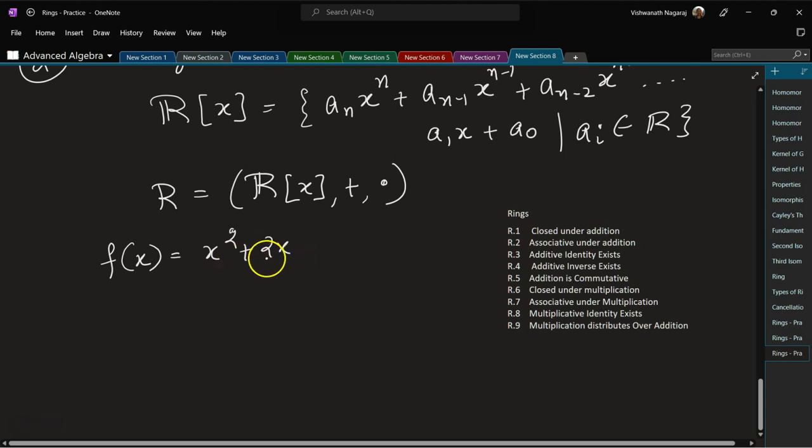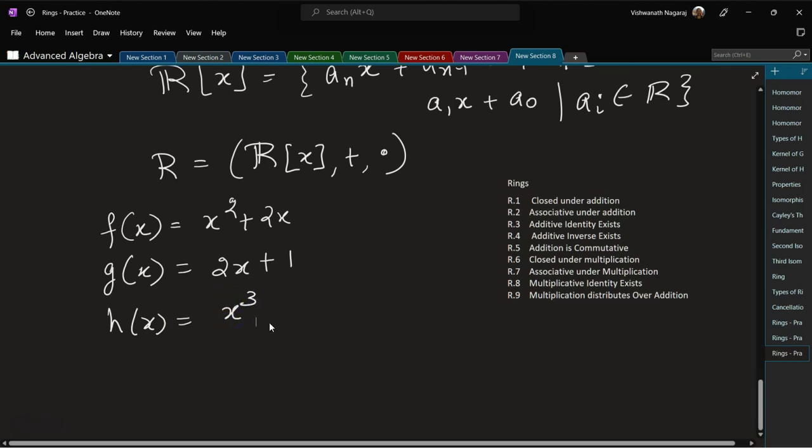I'm going to purposely keep it simple because otherwise, when we multiply, it becomes unwieldy. So g of x is equal to 2x plus 1. h of x is equal to, let us say, x cubed, just to keep it simple. You could always take more terms.